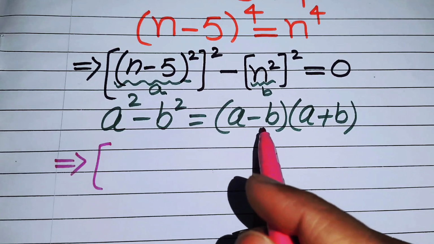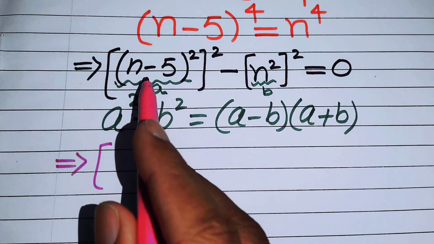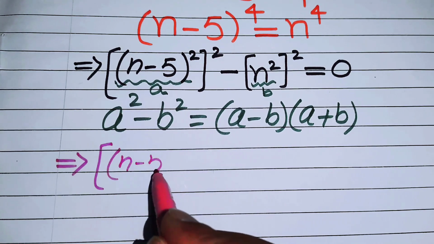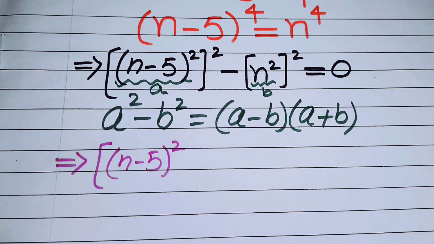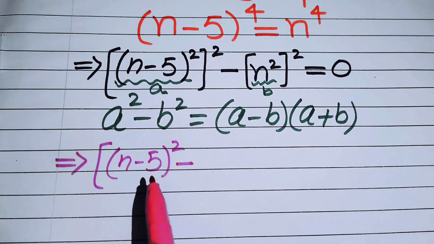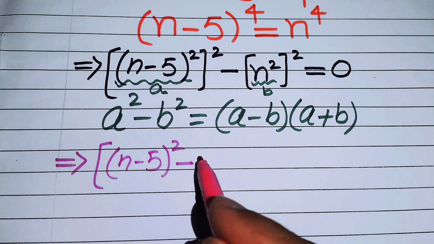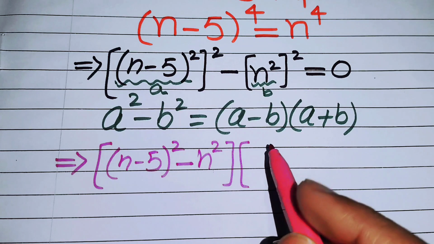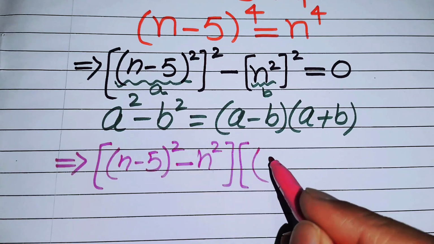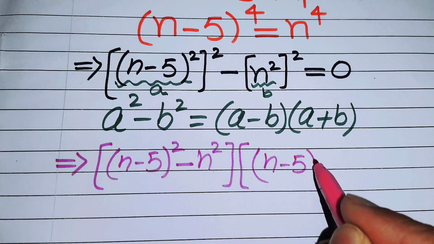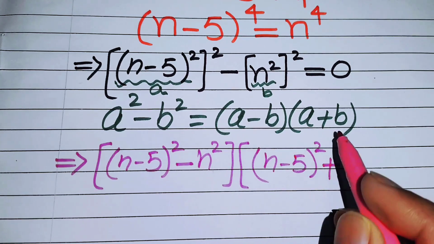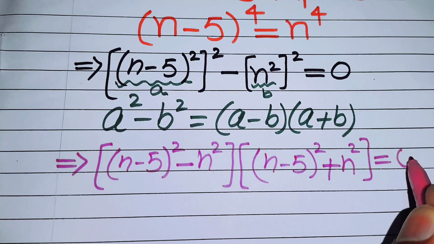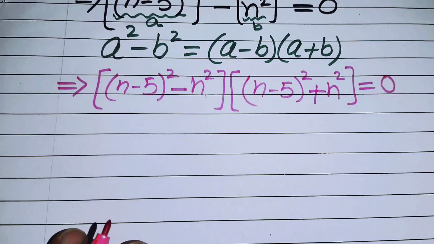First we have a minus b, where a is (n minus 5) squared and b is n squared, into a plus b, where a is (n minus 5) squared plus b is n squared, and this whole equation equals 0.